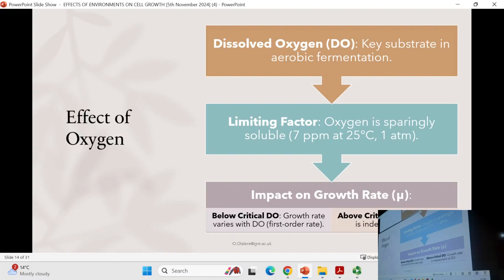What you are saying is this: we are looking at what happens to growth rate versus dissolved oxygen. In a situation whereby our dissolved oxygen is above the critical value, then growth rate doesn't depend on it again. But when it is below, then it depends. It's more or less like, okay, I'm only concerned about you not failing.